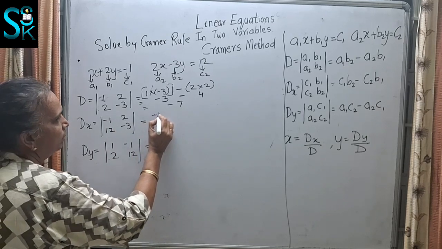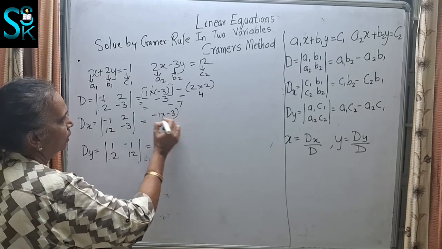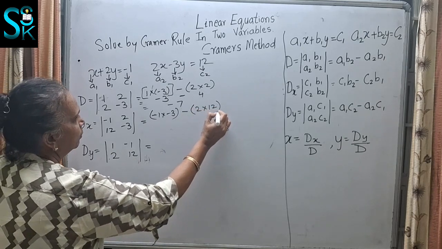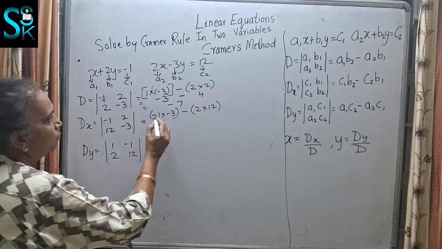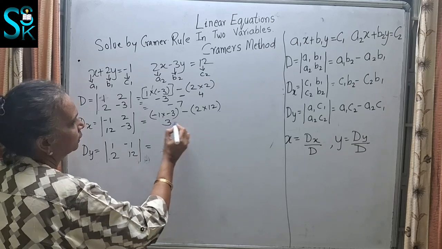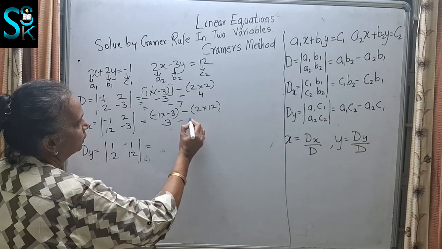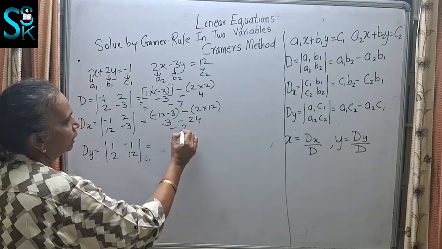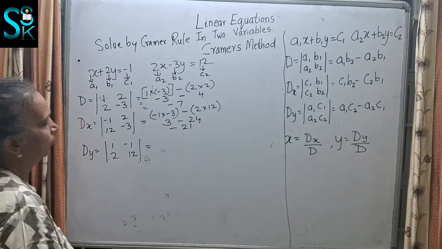Okay, minus 1 into minus 3, one bracket, minus 2 into 12, another bracket. So here it comes, minus into minus is plus 3, minus 12 twos is 24. So one is plus, one is minus, minus with greater number sign, minus 21.